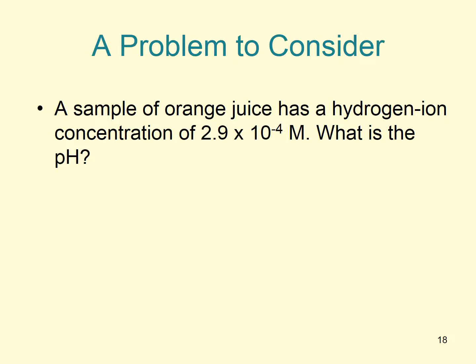If you are using your calculator, especially if you have a fancier one, and you put it in as 2.9 and then hit the times button and then the 10 with the little caret and the negative 4, that's perfectly fine, but I highly recommend that you put that number in parentheses if you're going to do it that way, because your calculator is now separating those two numbers out. It's taking the 2.9 and multiplying it by 10 to the minus 4th, which is fine. But if you mean that to be the whole number and you're dividing by that, your calculator will not do it correctly. So make sure and use your EXP function on your calculator.